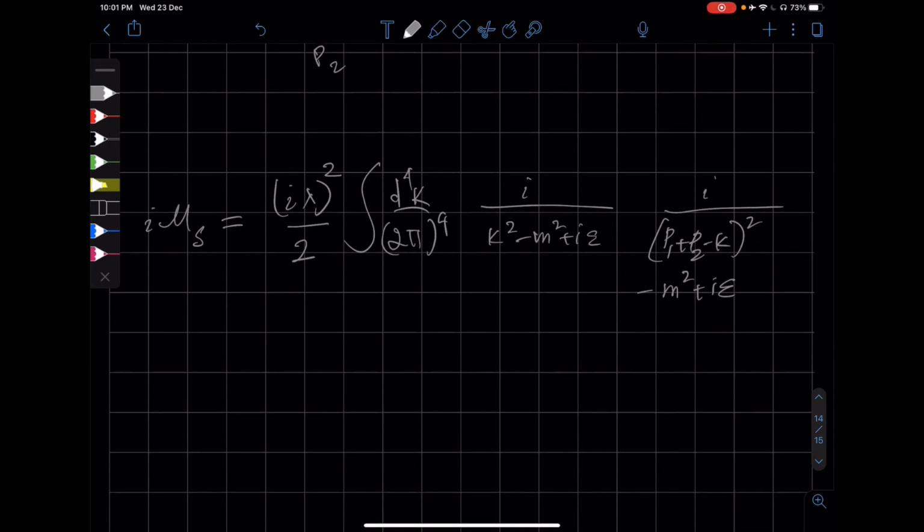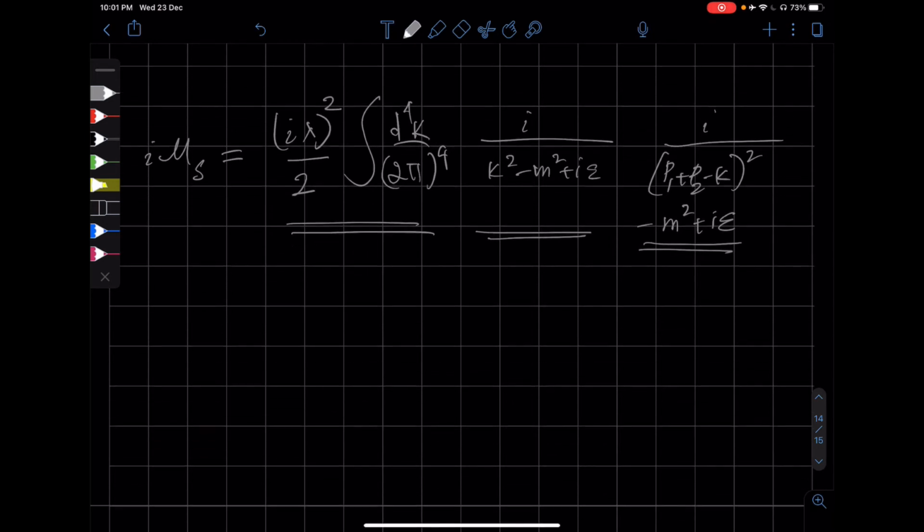Similarly, for the T diagrams, we will have the same factors here, but these factors will be changed, and I leave those as an exercise for you to do.